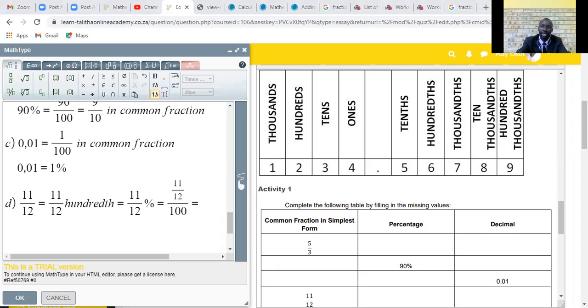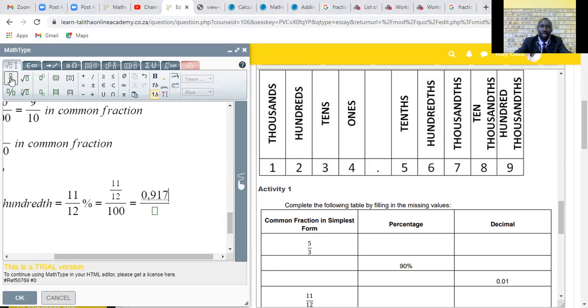That is 11 divided by 12. What do we get? 0.917. So this is going to be, for the numerator, 0.917. And for the denominator, we get 100. So that is what we have.